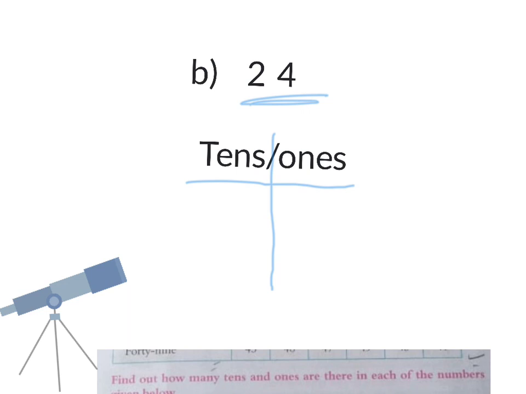In 24, 2 comes at tens place and 4 comes at ones place. So here we have 2 tens and 4 ones. Dear students, in two-digit number 24, we have 2 tens and 4 ones.